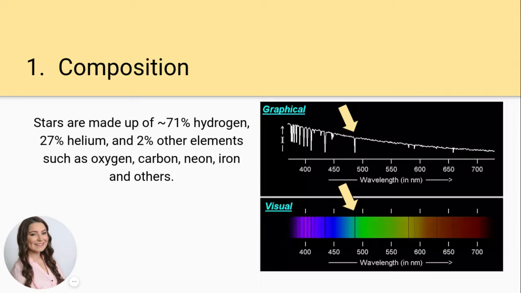Well, a spectrograph allows us to determine the elements found in stars by determining which wavelengths of light are absorbed by the star. Here is a picture of a spectrograph. The black lines in the visual or the dips in the graphical are where light is being absorbed. These are then compared to spectrographs of known elements, and if the absorptions match, then that element can be found in that star.